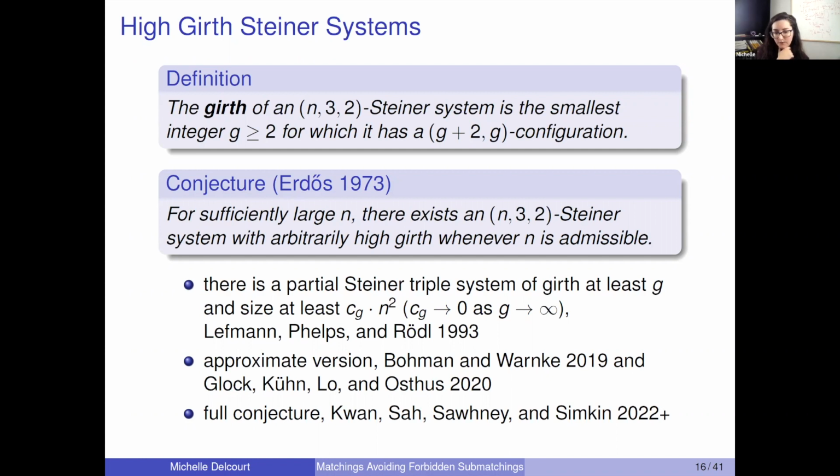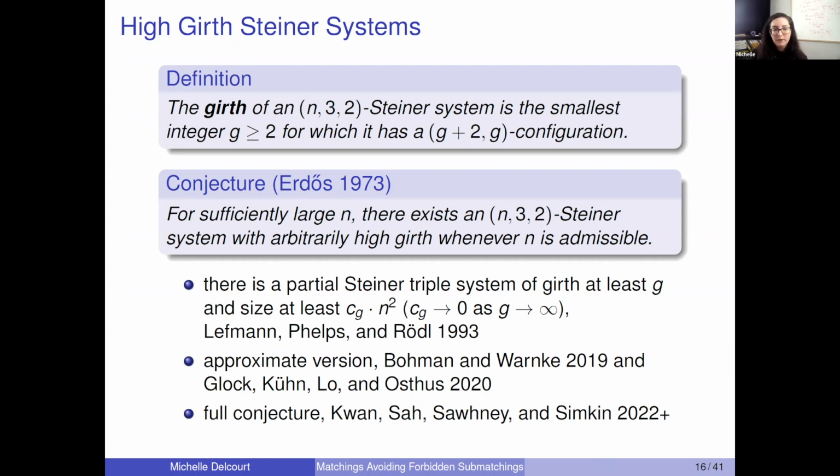So they're not using the nibble method per se, but they're using more of a randomized greedy approach. Whereas Kwan, Sawhney, and Sah are using iterated absorption and a lot of heavy machinery to take the approximate version, to use Bohman and Warnke's result in particular, and extend it to the full conjecture. So it's a really lovely paper and really a breakthrough result.